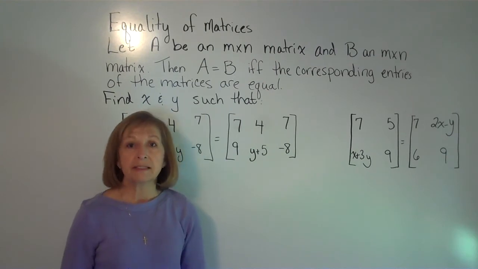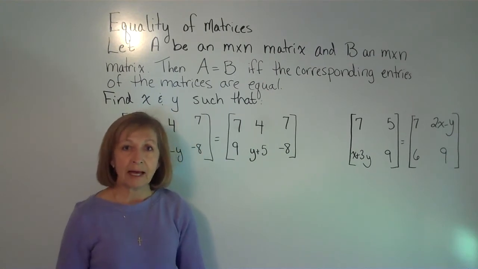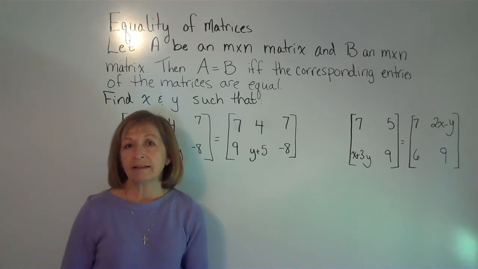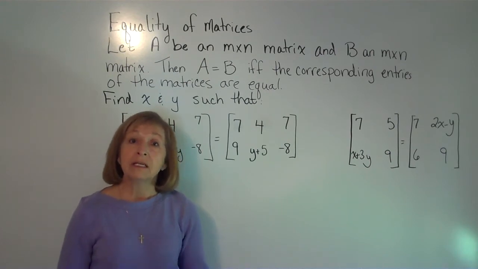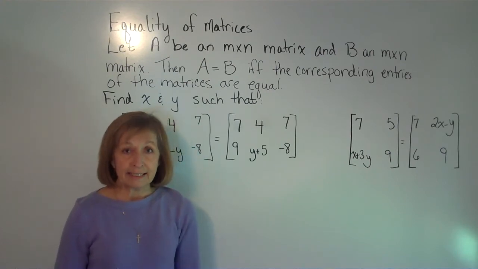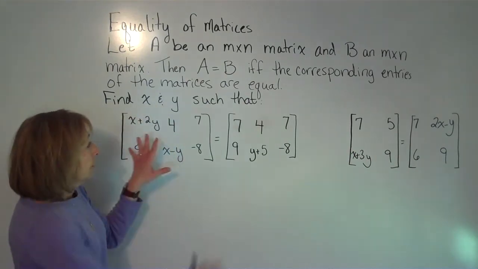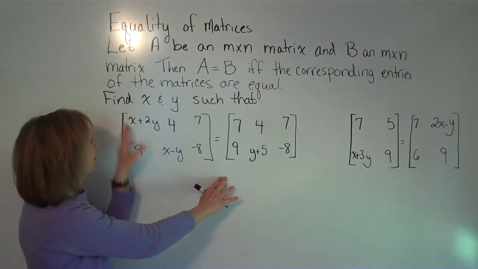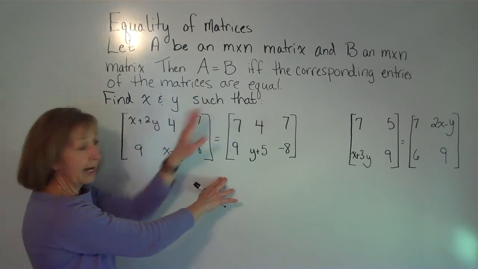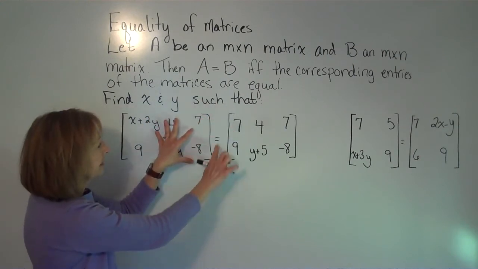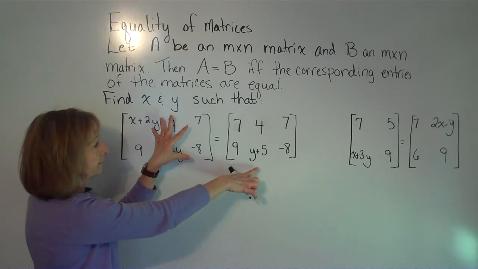Another thing they can do is have variables in some of the spots and then have you find the values of the variables that would make the two matrices equal. And those are the examples that I have here. So the first example is find x and y such that this matrix on the left is equal to that matrix on the right.